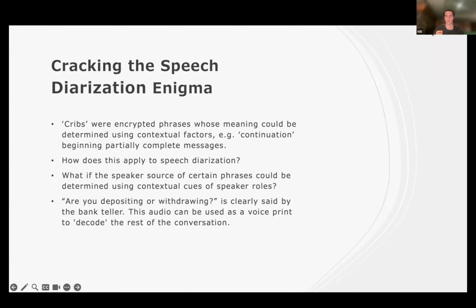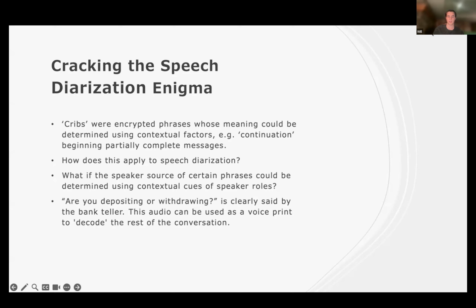They were particular phrases whose meaning could be determined using contextual factors. For example, incomplete messages began with the word continuation. So they were able to map that word continuation to the encoded word and use that mapping to help decode the rest of the conversation.